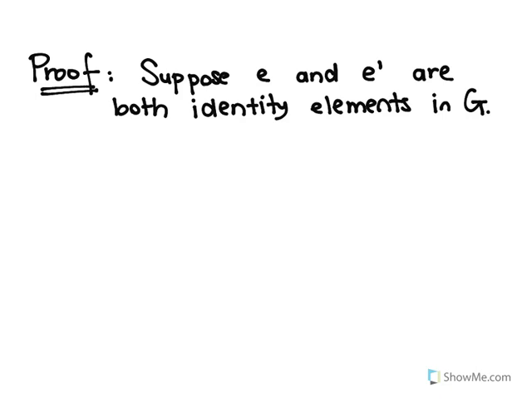So remember, the statement of the theorem was that there's only one identity element. So the structure of the proof is that I'll suppose there are two of them. So suppose E and E prime are both identity elements in the group G. And my ultimate goal is going to be to try to prove that actually E is equal to E prime. Here's how I'll do it.